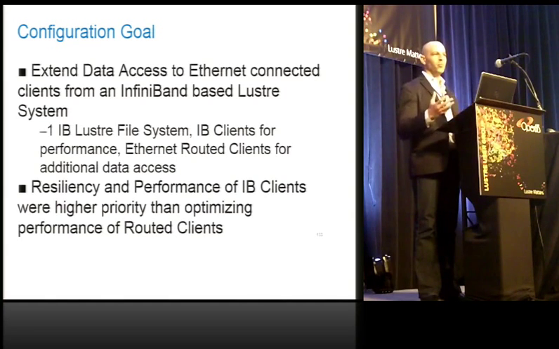But the priority of the applications will run on IB, while this extends data access to Ethernet clients. They wanted some way of doing that other than using a lower level protocol like NFS, for example, so you leverage Lustre functionality to do that.